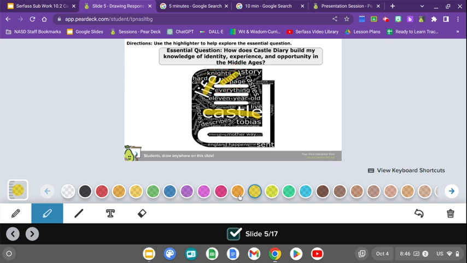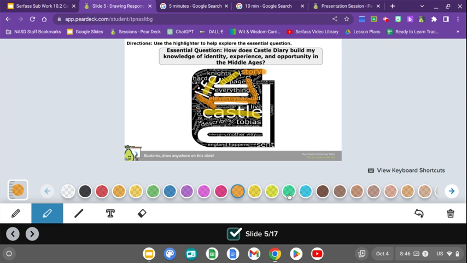Now I'm going to switch it over to orange. And I'm going to get some of those medium-sized words. What other words are repeated a lot? Yup, story, castles, 11-year-old. Ooh, one of my favorites, medieval.